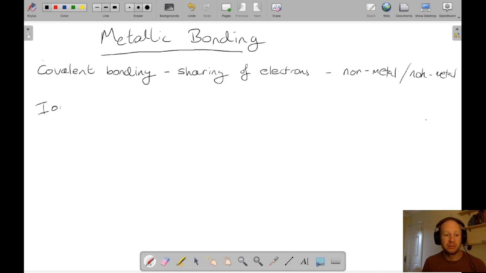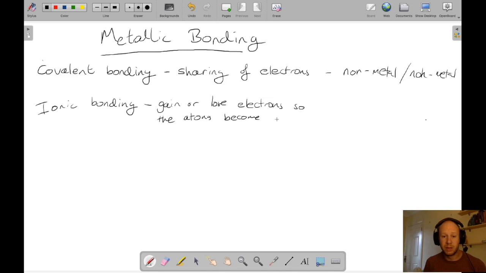Ionic bonding, that's when you gain or lose electrons. So the atoms become charged and therefore they attract each other.